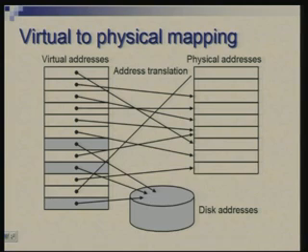So, now with this background, let us try to look at this picture, which shows virtual memory on one side and physical memory on the other side. Each is divided into pages. Each virtual page is either mapped to physical memory or to a disk.